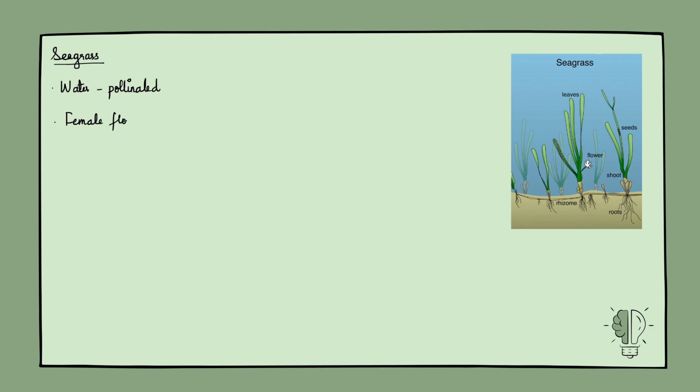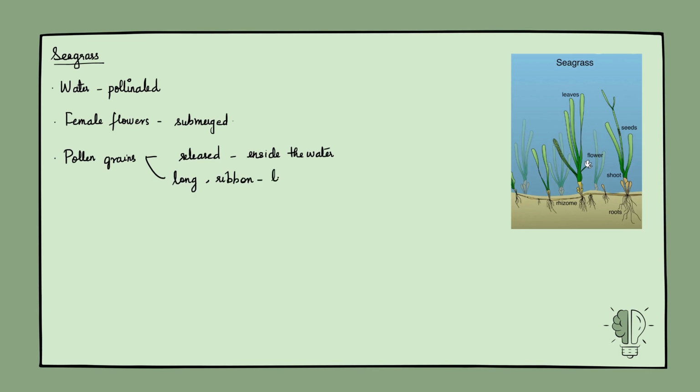So the female flowers are submerged in the water, their pollen grains are released inside the water, and their pollen grains are long and ribbon-like.